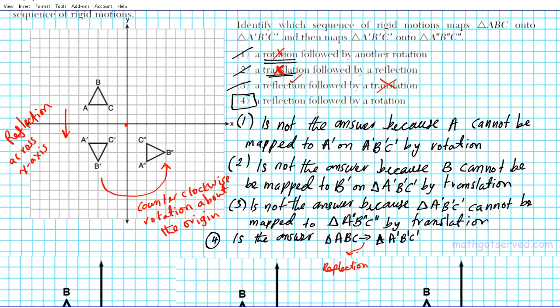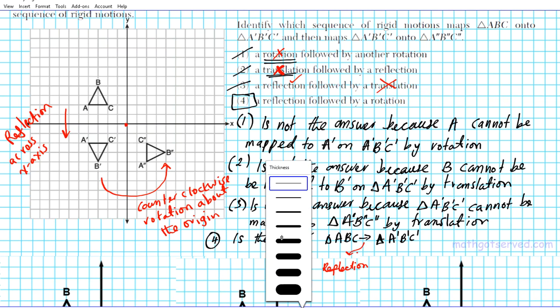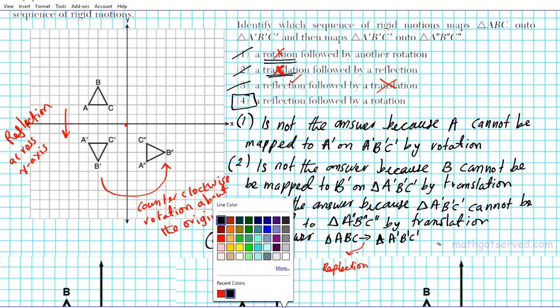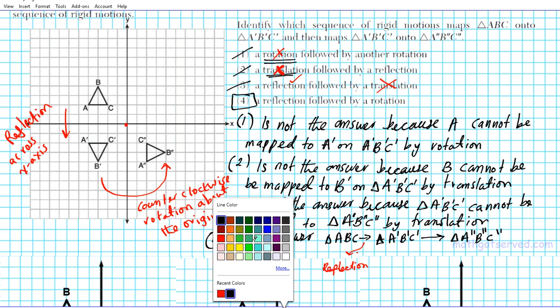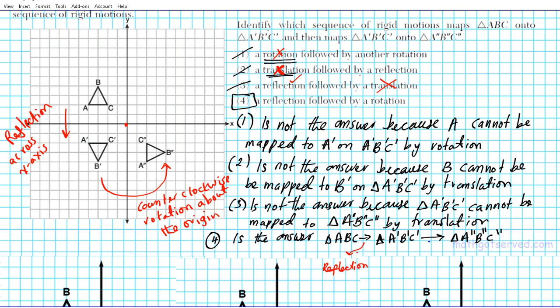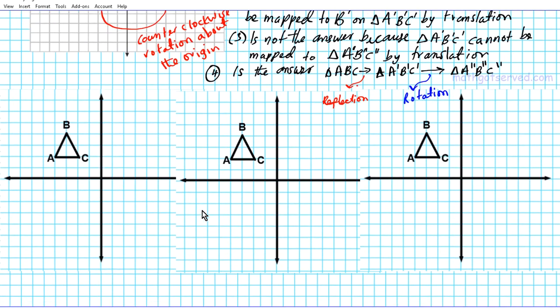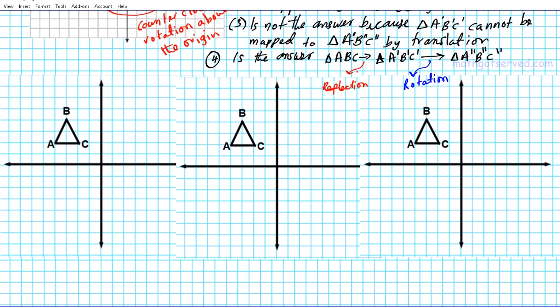And then you can go from triangle A prime, B prime, C prime to triangle A double prime, B double prime, C double prime. The transformation in that case is a rotation. Alright, so these are the two sequence of rigid motion transformations that can take you from triangle ABC to A double prime, B double prime, C double prime. Okay, so let's illustrate that process real quick.